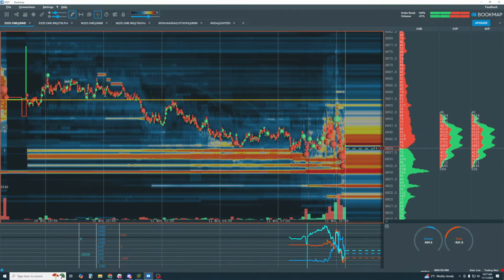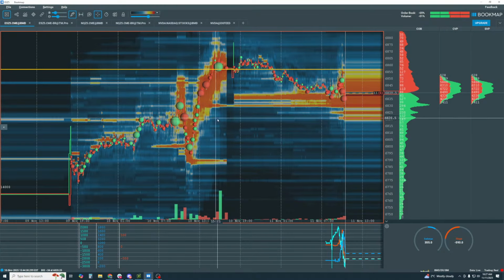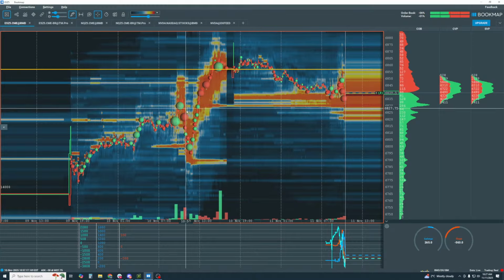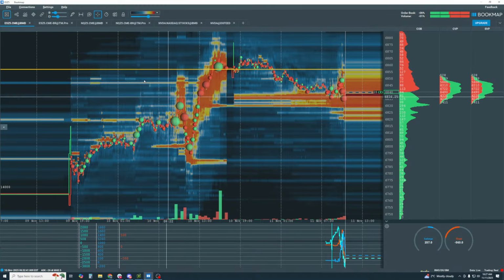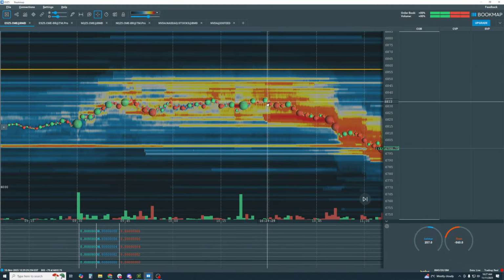I'll zoom into this little area here. I just want to make sure I get the right swing. Okay, that looks pretty good.